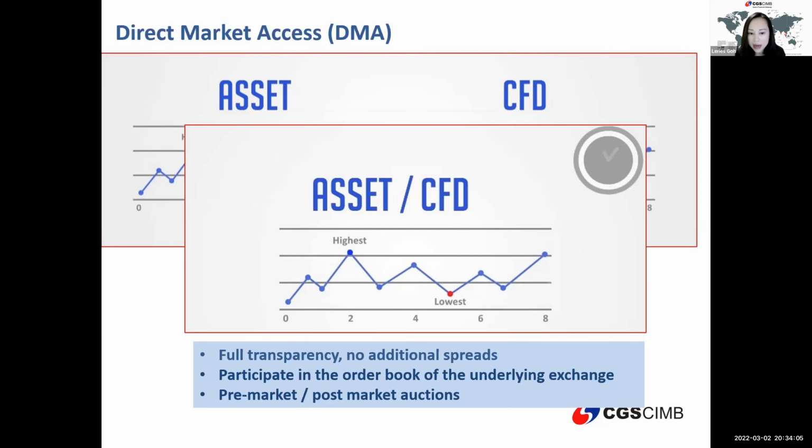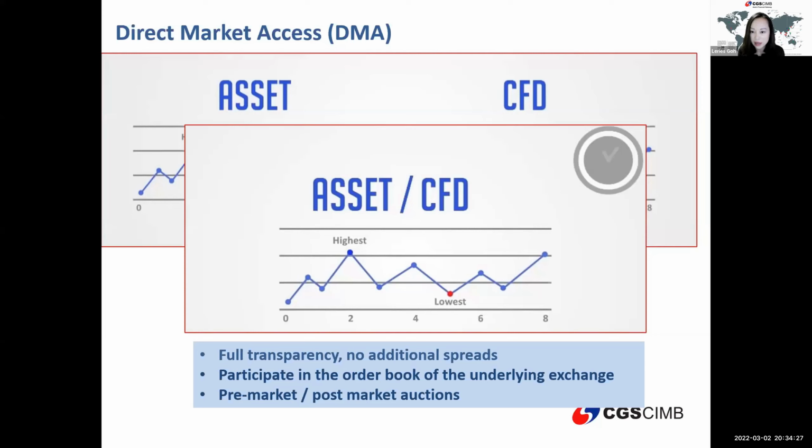For DMA, you are able to participate in the pre and post market sessions. For example, the Singapore market opens at 9 o'clock, but between 8:55 and 8:59 there will be one matching at any point of time.